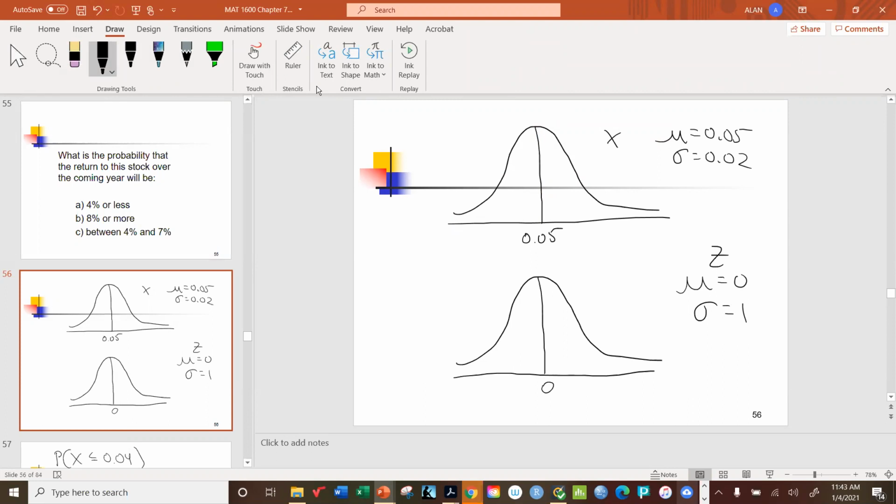A value of 7% in this distribution, if you notice, is one standard deviation above the mean.